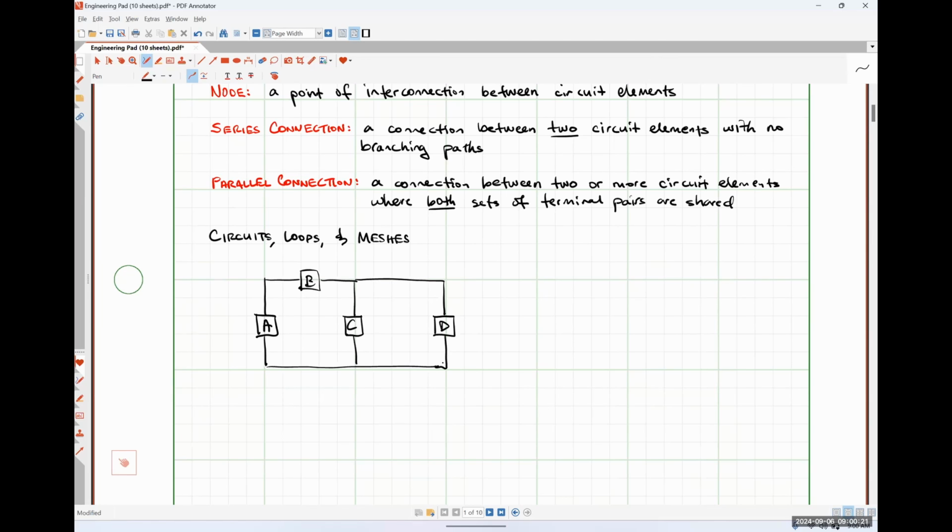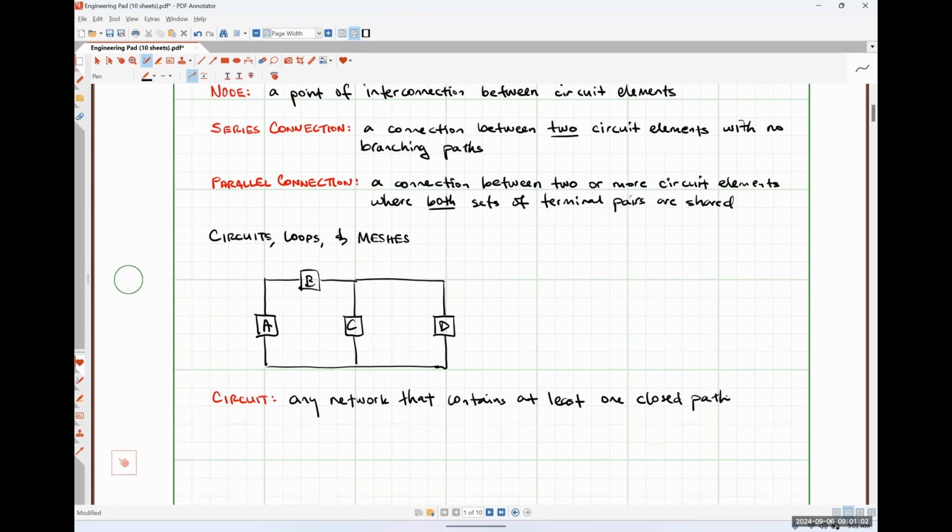So we are going to define a circuit as any network that contains at least one closed path. Okay, and we're going to talk about the paths and all that kind of stuff in a minute.